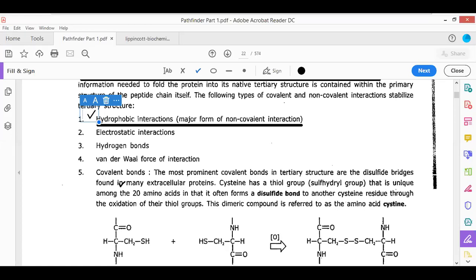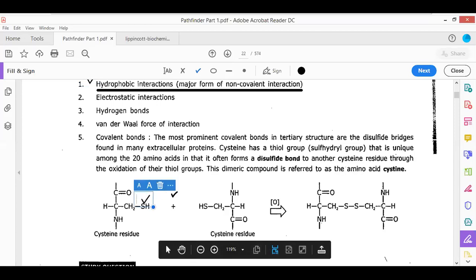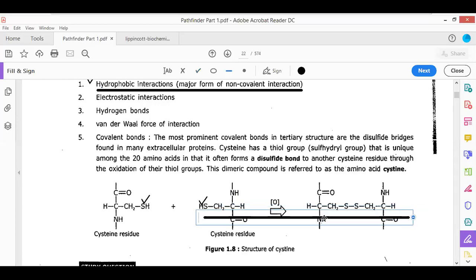The covalent bond production involves the binding of two cysteine residues with each other, leading to the formation of disulfide linkages between them. For example, you can look here. Cysteine has a thiol group, a sulfhydryl group, present within itself. As it contains a sulfhydryl group, these two sulfhydryl groups can link with each other and lead to the formation of disulfide bonds.